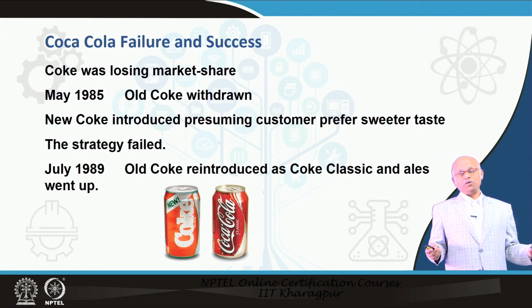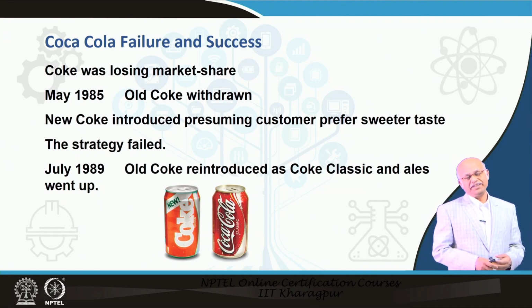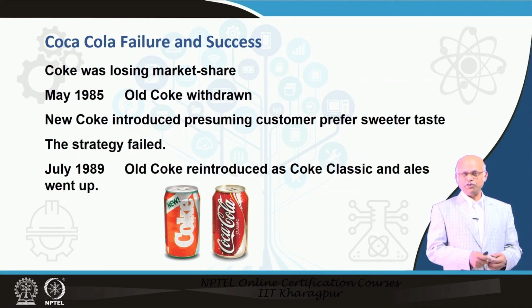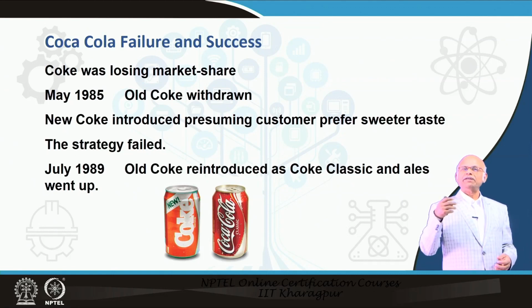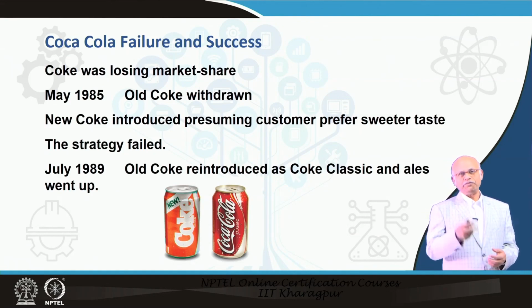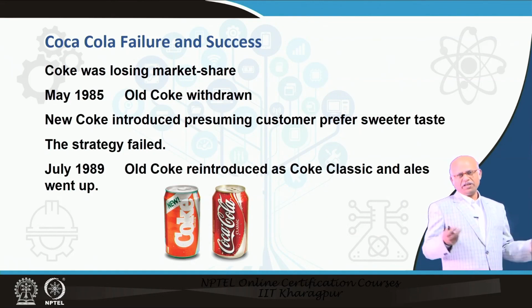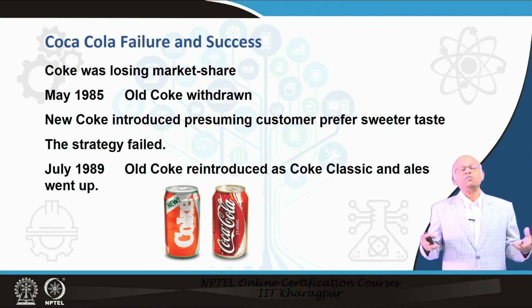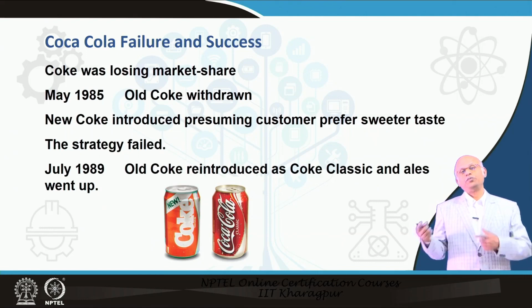Even though all marketing research indicated that they should go for sweeter Coke, the market went down. Why? Because people were emotionally attached to the classical Coke. When they found a new Coke, they thought, this is not my cup of tea, this is not my beverage. So, they switched to Pepsi.